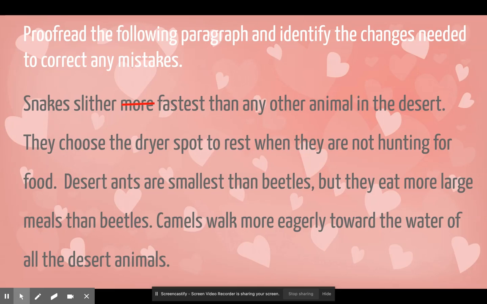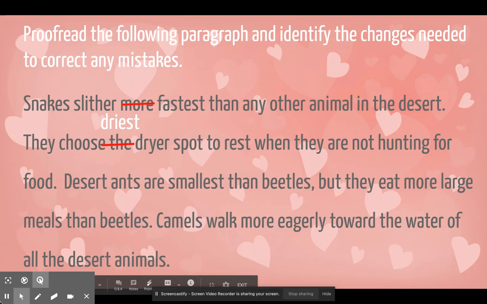Let's look at sentence 2. They choose the drier spot to rest when they are not hunting for food. What is the adverb in this sentence, and what should we correct it to? You should have said they choose the driest spot to rest when they are not hunting for food.